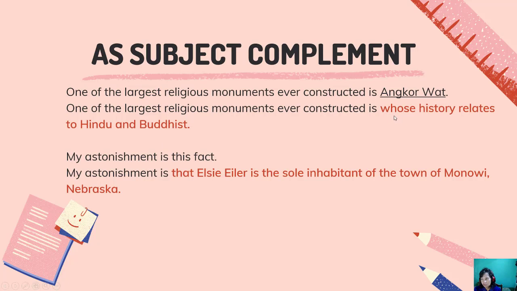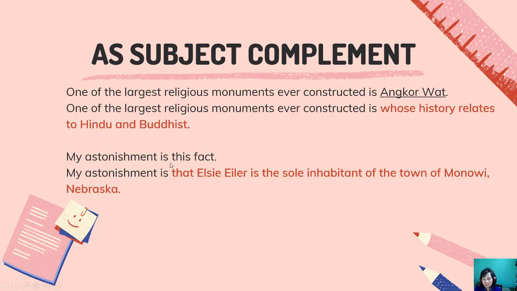I use whose here, but remember that with whose, you need a noun. Whose history is the subject, because whose is also a question word that can have the position of subject, like who, and then this is the predicate.